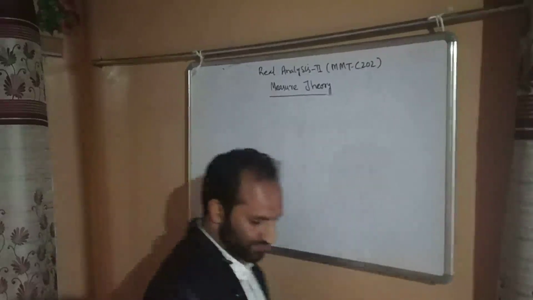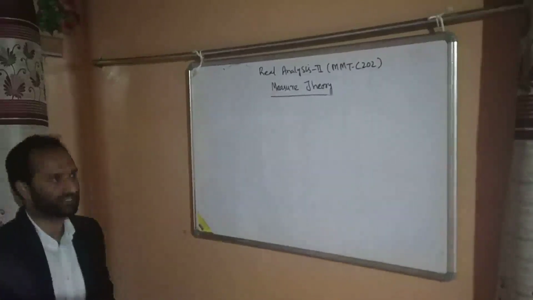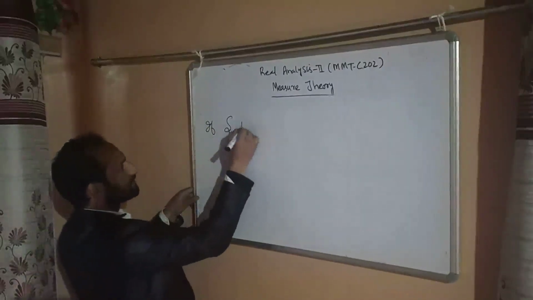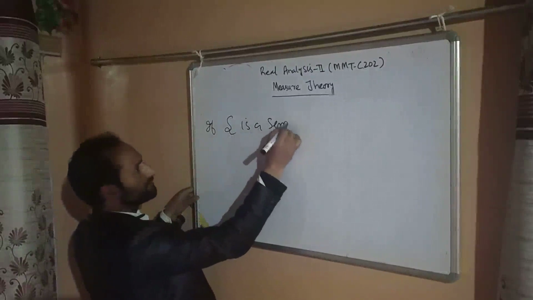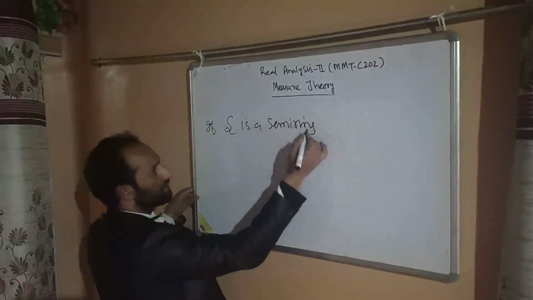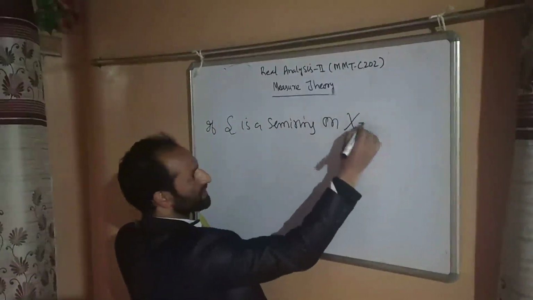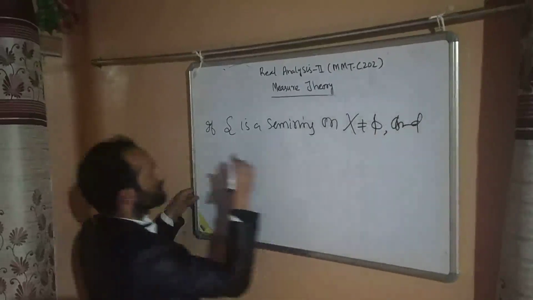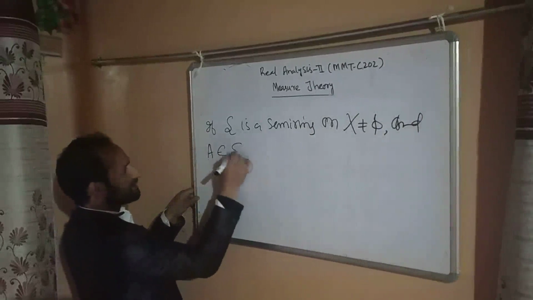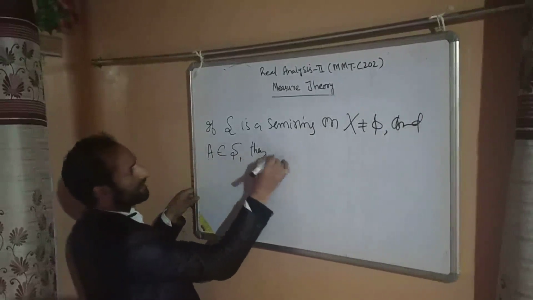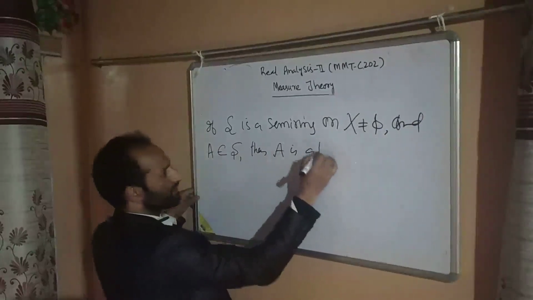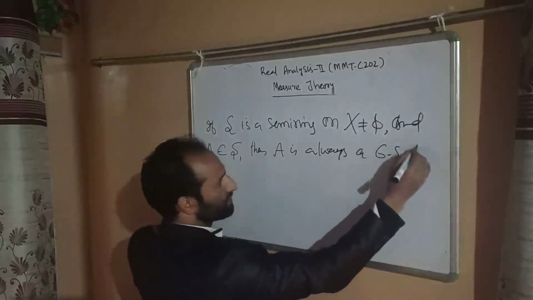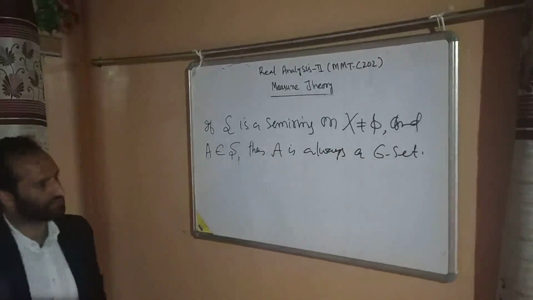Now, one can easily verify that any member of a semiring is a sigma set. So if S is a semiring on some non-empty set X, and A is a member of S, then A is always a sigma set. How is it a sigma set?